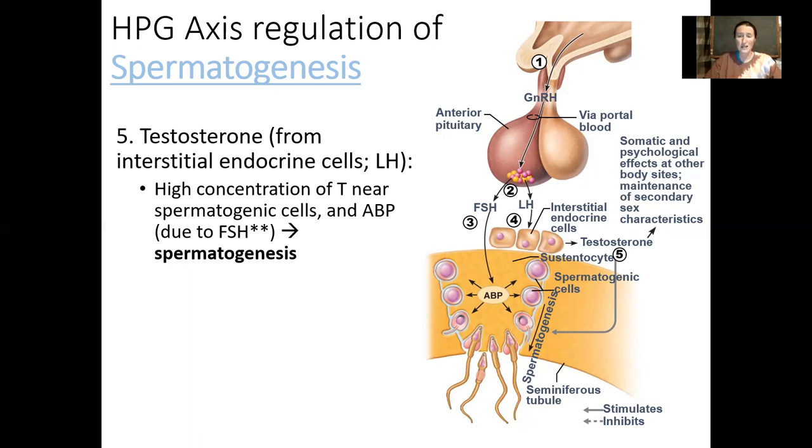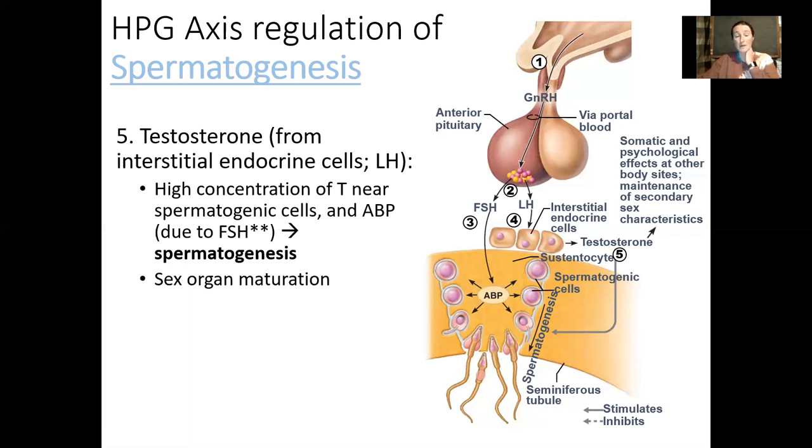Of course, muscle growth. Testosterone generally increases the diameter of your muscle cells, and therefore individuals with more testosterone, that is males, generally have larger muscles than females on average.